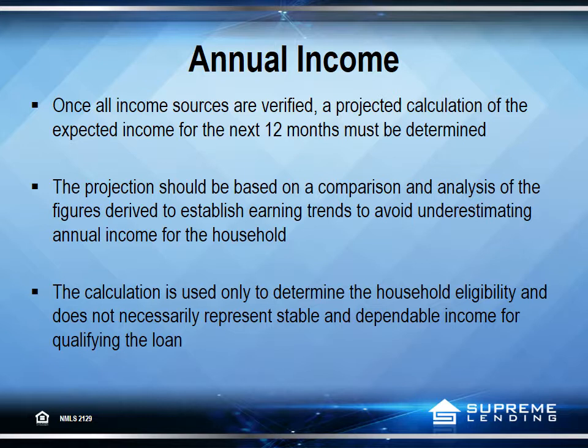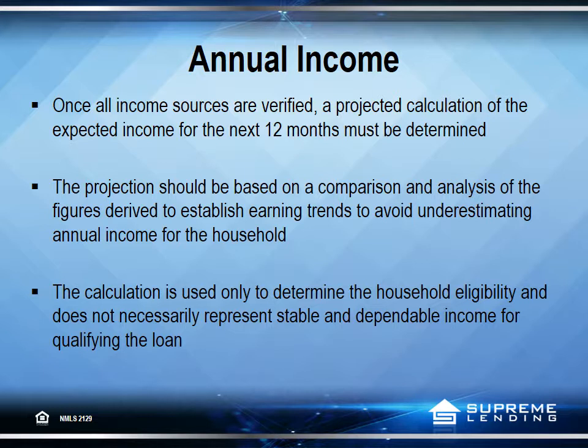Once all income sources are verified, a projected calculation of the expected income for the next 12 months must be determined. The projection should be based on a comparison and analysis of the figures derived to establish earning trends to avoid underestimating annual income for the household.